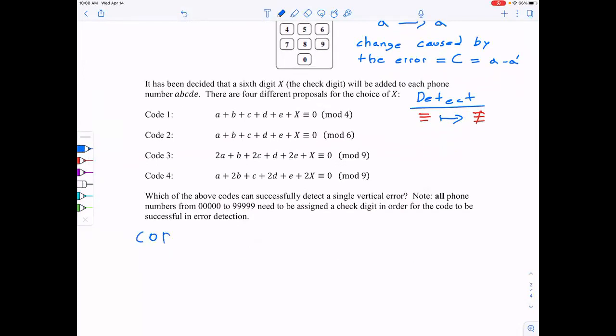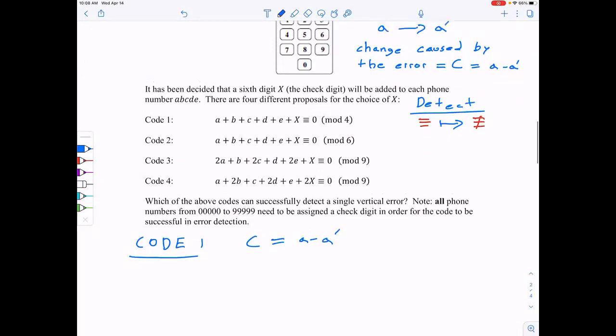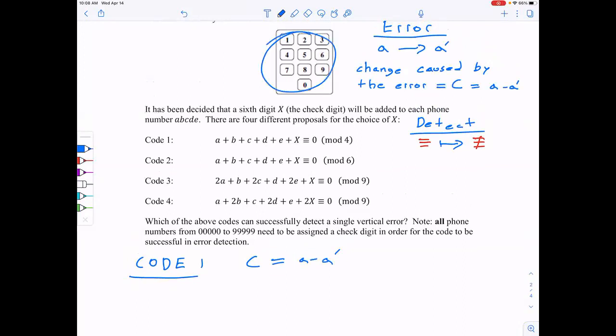Okay, so code 1. Let's start there. We're going to keep looking at this C value, this change. So A minus A prime, what could that possibly be? Looking back at our number pad here, remember we said there's digit errors that swap vertically. So you could have an increase by 3.